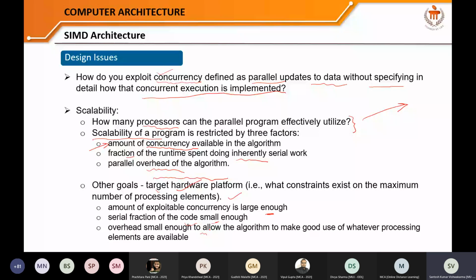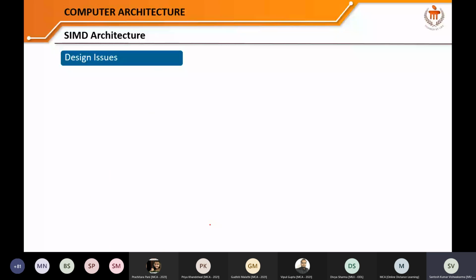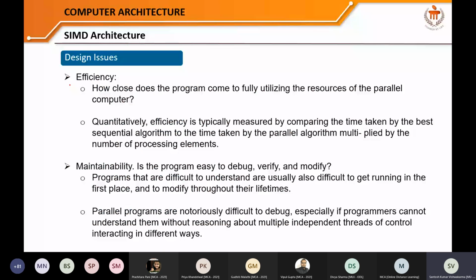So apart from scalability issues, some design issues are like efficiency. Let me go through this part: how close does the program come to fully utilizing the resources of the parallel computer? Again, this point relates to the software aspect: if you are going to have parallel computers with multiple processors, what about the program's capacity to utilize them?